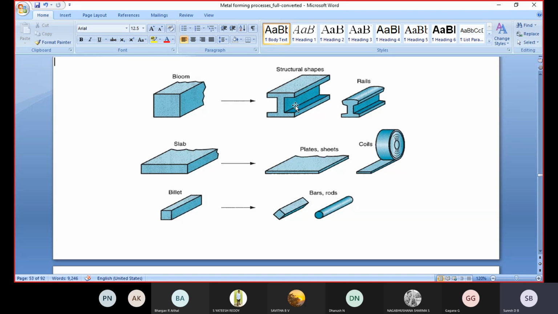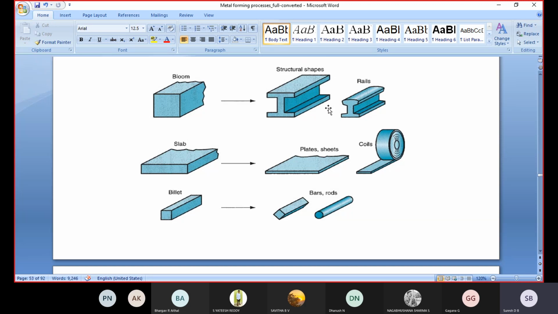Two more rollers are introduced on the right and left sides of the component, or they can use some dies. Due to the compressive force of the rollers, as well as the two dies on the right and left sides of the blooms, the material is converted to an I-section slab.